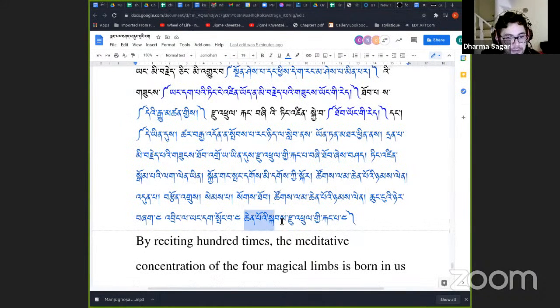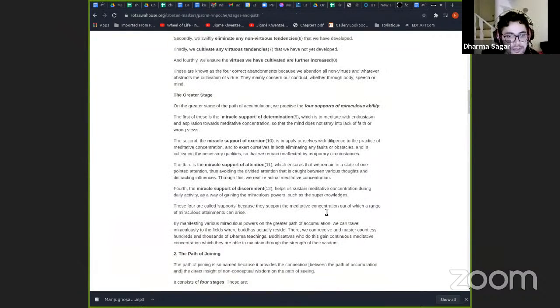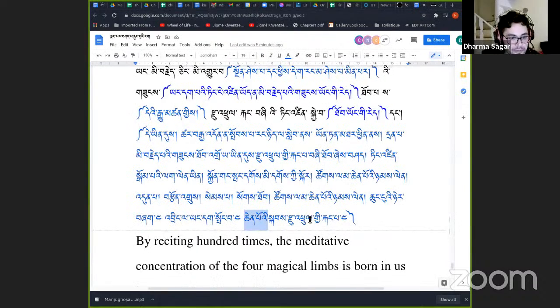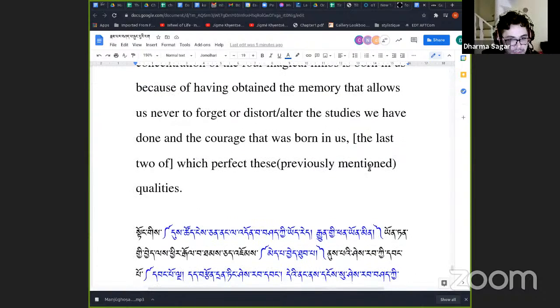And in the greater or great path of accumulation, it is these ones: the four supports of miraculous ability, or the four magical limbs. Okay, so that's what he had to say about this. So we were right about this interpretation.